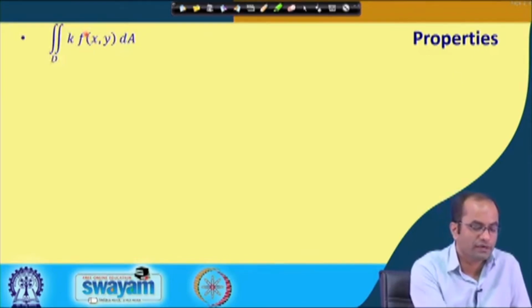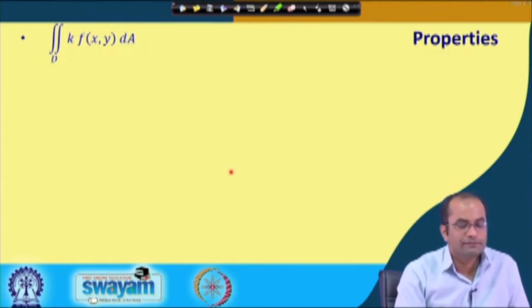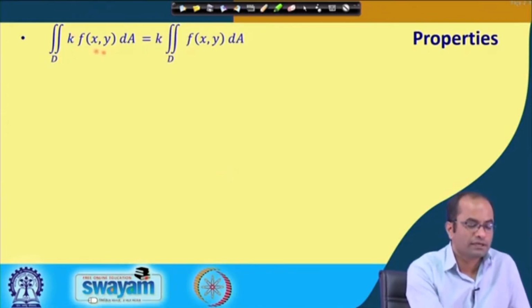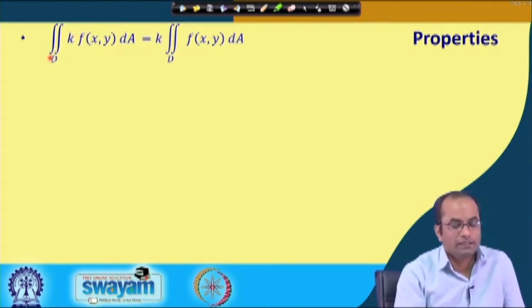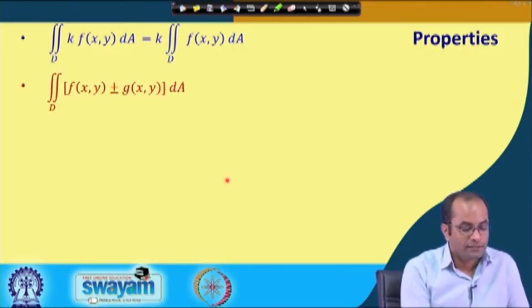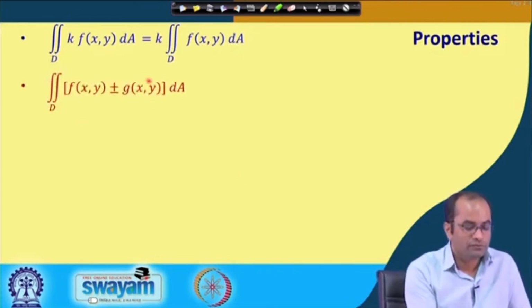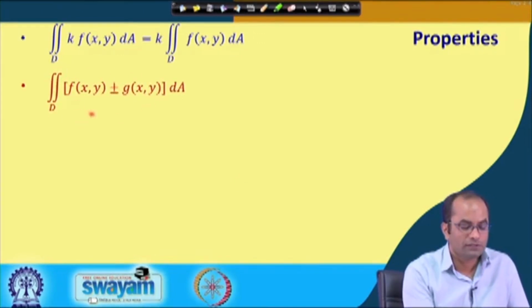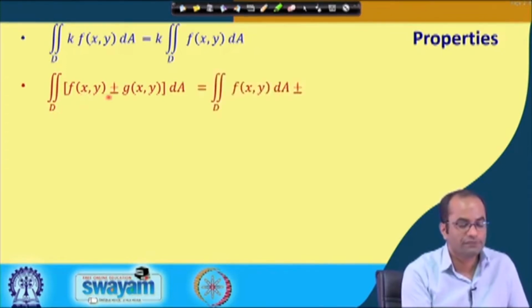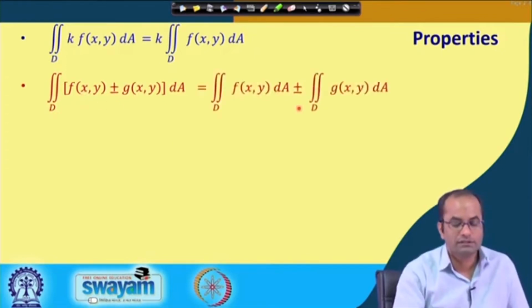So, for example, we have here k multiplied by this function f(x, y), and in that case this is a constant k, so that can just come out of the integral, and then we have the integral over D of f(x, y) dA. Similarly, we have the addition here, or the difference of the two functions f and g. In that case this integral will be the integral over f plus or minus the integral over g.